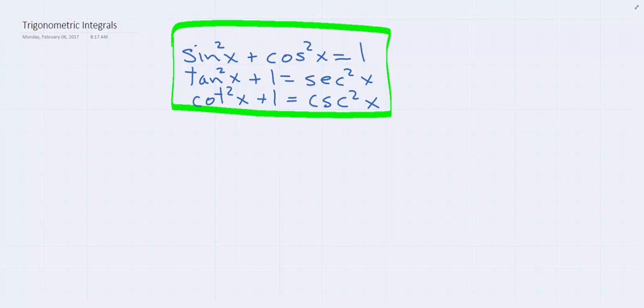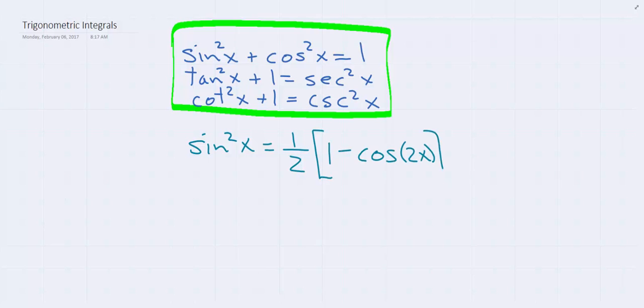Now there's another identity that may not be as familiar to you, and that is the power reducing identities. For example, if you've got sine squared x, that's going to equal 1/2 times 1 minus cosine 2x. Now, it's not always 2x. If you had cosine squared 2x here, then the inside would be 4x.